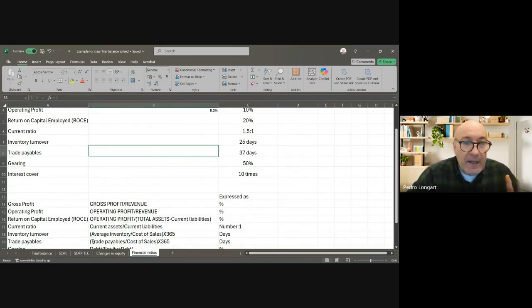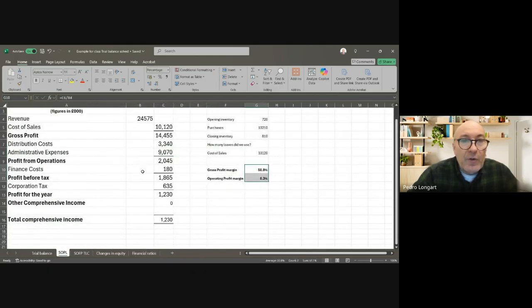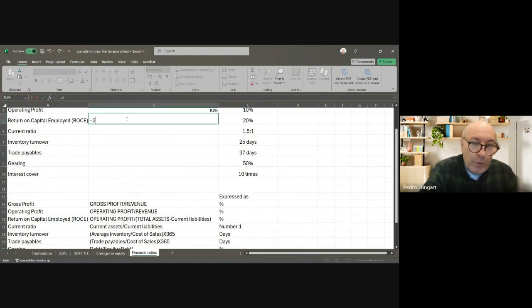So let's see what the operating profit is. The operating profit, as you can see, is 2045. Operating profit equals 2045. I could copy and paste, but I'm just going to type it.